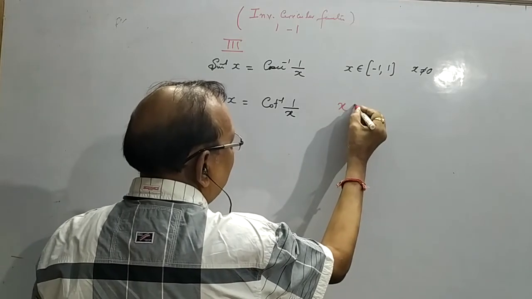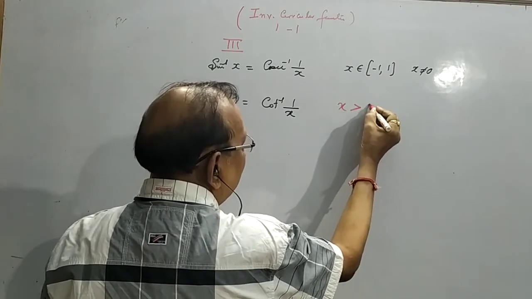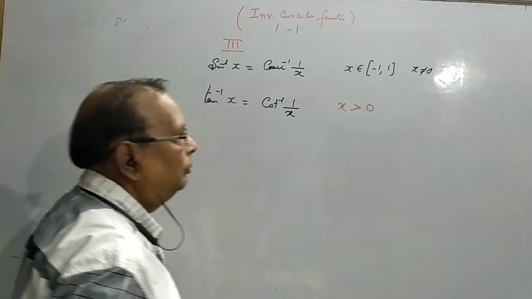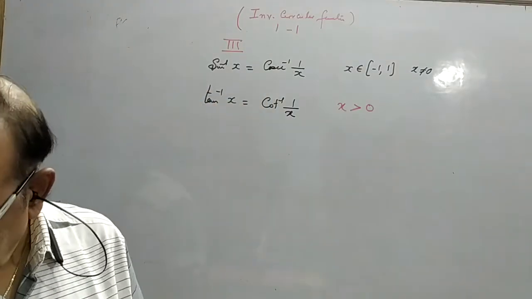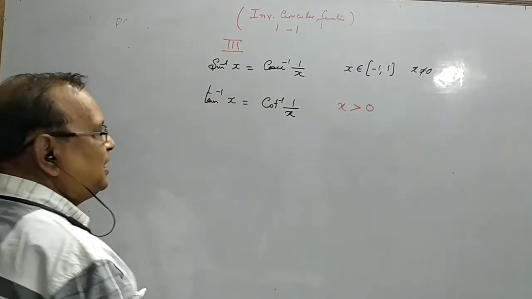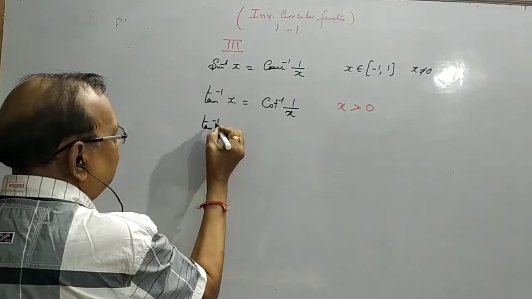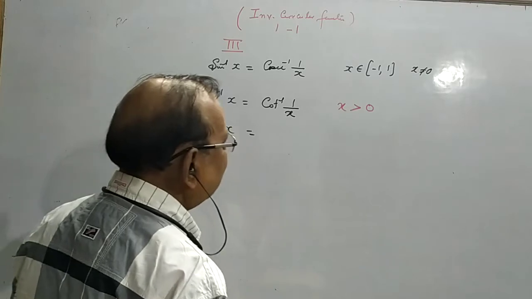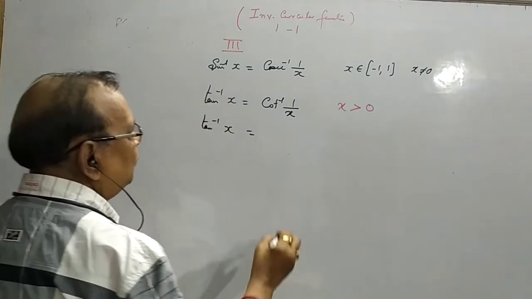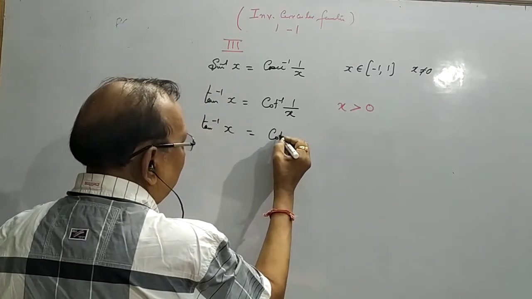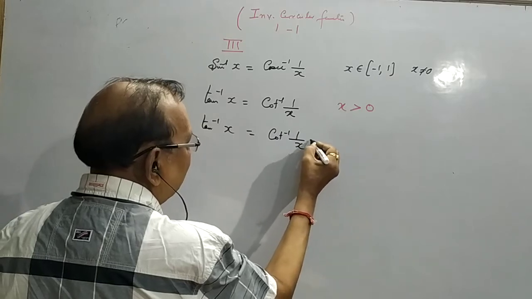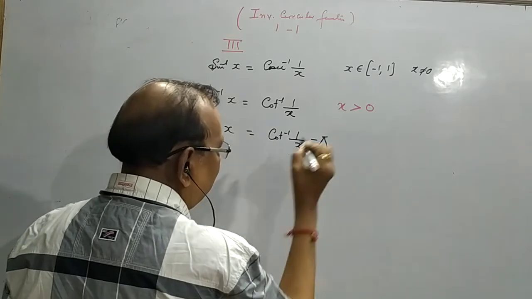X will always be greater than 0. Now what happens when x is less than 0? The formula will change. Tan inverse x is equal to cot inverse 1 upon x minus pi.